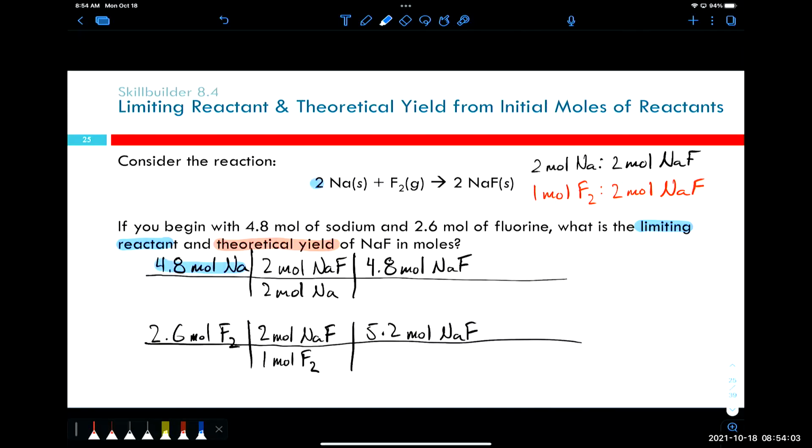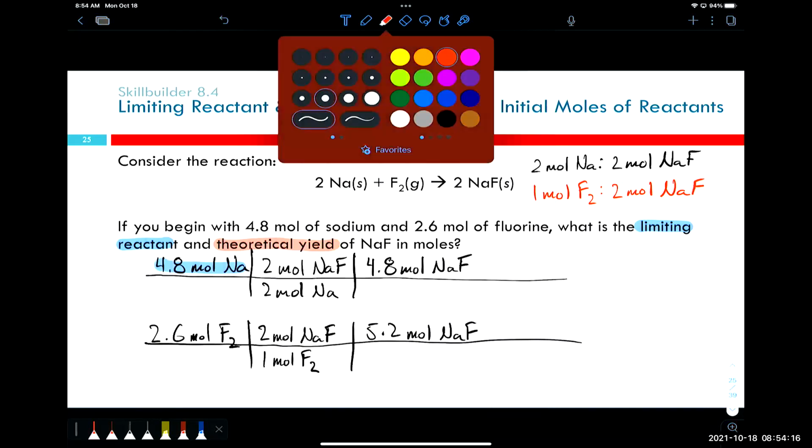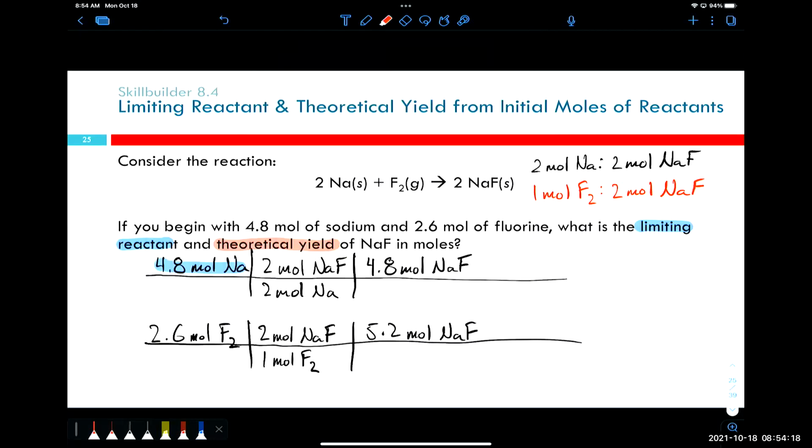Yeah, because we have 4.8 moles of sodium, that's our limiting reactant. And so then our theoretical yield is always based on how much we can produce with our limiting reactant. So 4.8 moles of sodium fluoride is our theoretical yield.